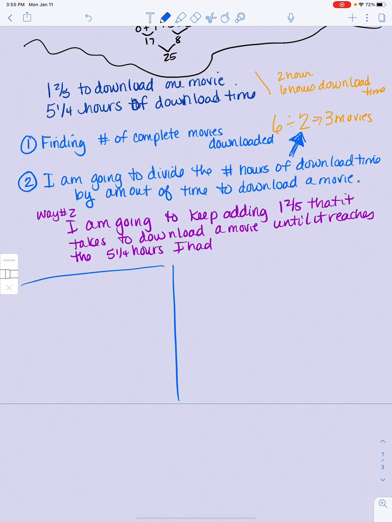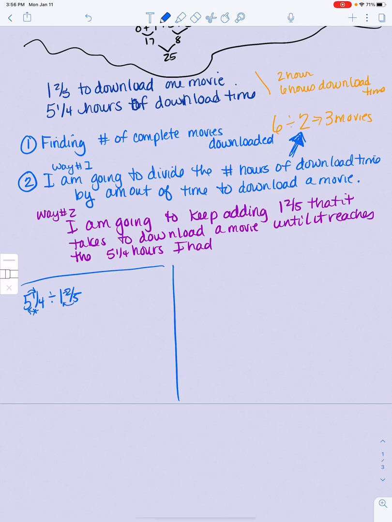So, the way number 1, you're going to take the 5 1/4 and divide it by 1 2/5. I will also say some students switch these over into decimals, which will work if you know how to transfer it back. So in order for me to do that, I have to make these mixed numbers.